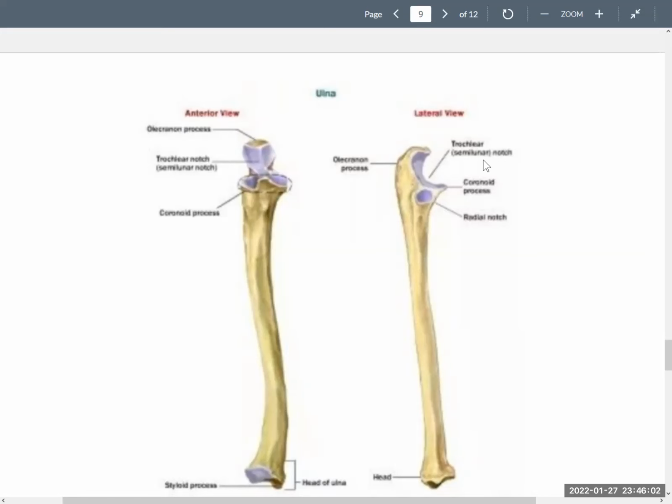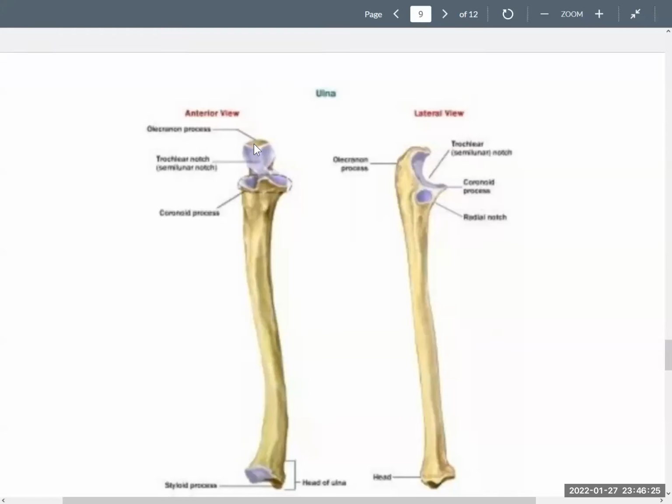I'm not coming into focus very well here, but it's good enough. This fits into the intercondylar fossa on the back and rotates up the front when you flex your arm. Here it is over here, trochlear notch.